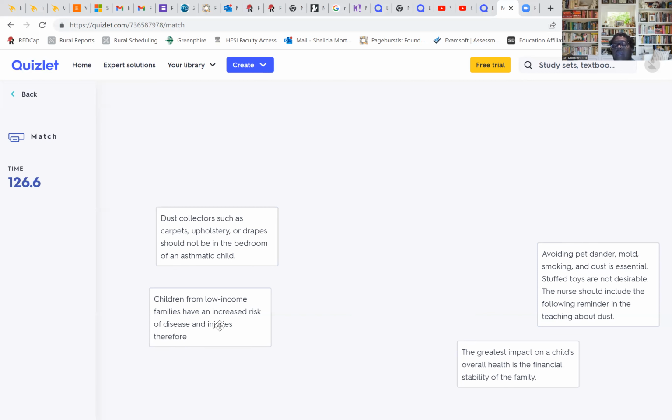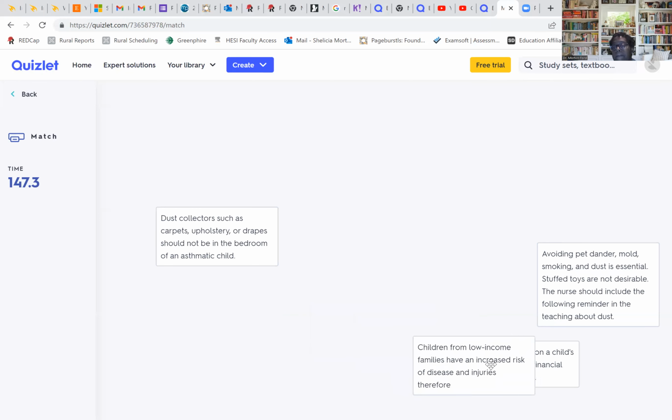So if the family is unable to provide shelter, food, or if they don't have the insurance where they can go to the doctor's appointments, or if they don't have insurance, they're not able to pay for those visits to the doctor, all those things will negatively affect the child's overall health.